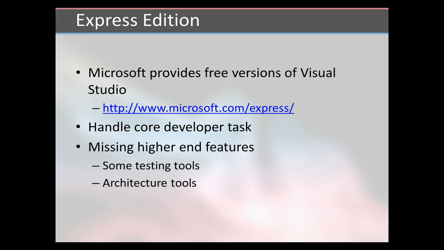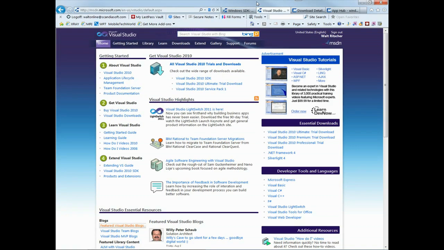If you're low on cash and you want to try the free version, then you should look into the Visual Studio Express editions. They handle the core developer tasks, but they're missing some of the testing features and a lot of the architectural tools that are available in the higher level versions. Going back to Microsoft's website, here's the area where you can download the Express editions.